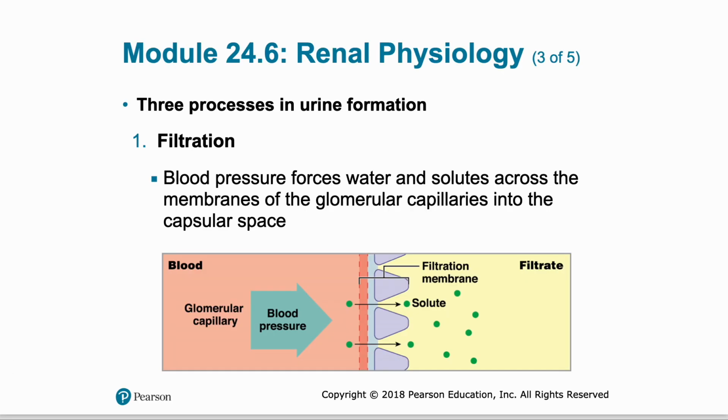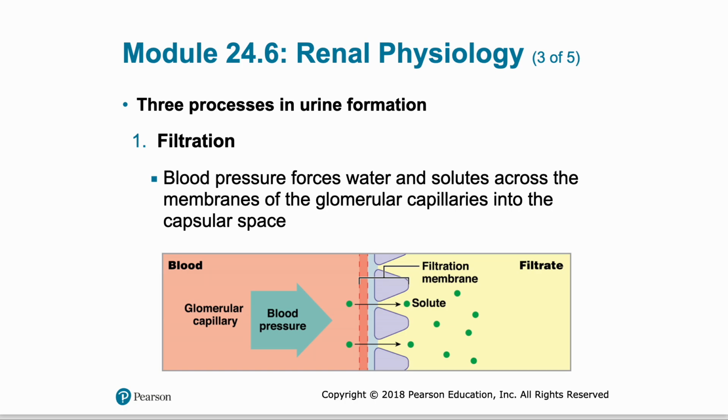So that's what these charts are showing you. And to set us up for our next lecture on renal physiology, I want to leave you with these 3 processes that are going to be required for urine formation, which I've already mentioned, but I'm just going to summarize here to prep us for the next one. So in order to make urine, we are going to have 3 major processes.